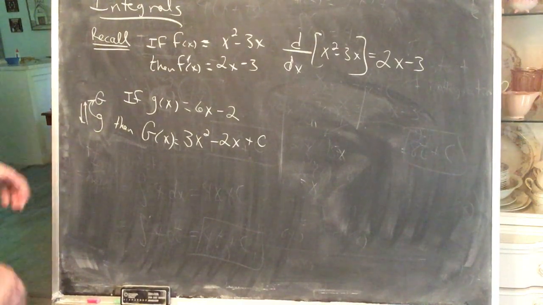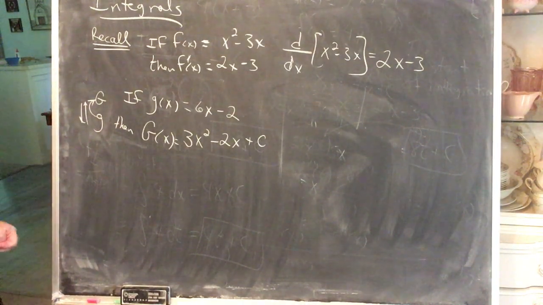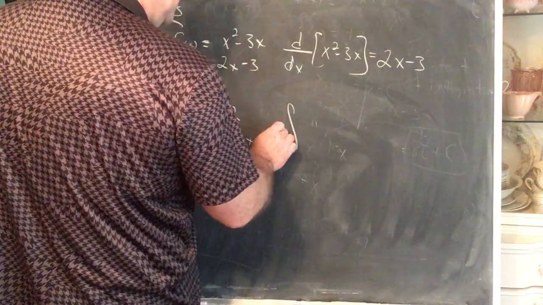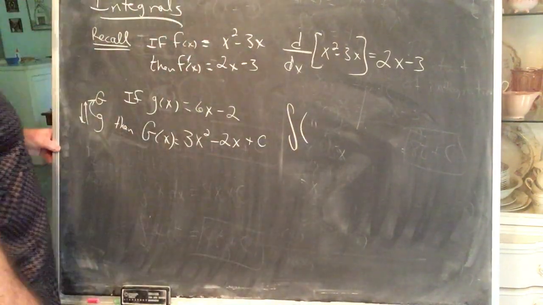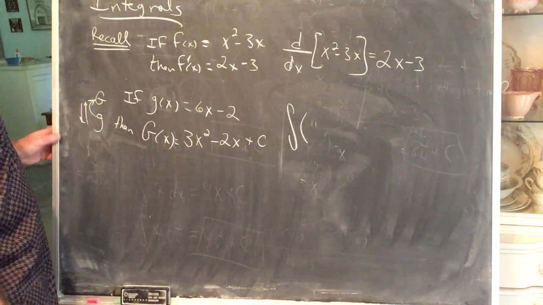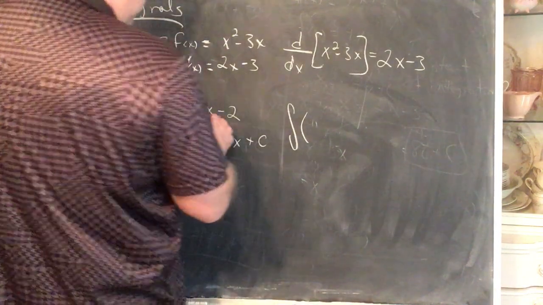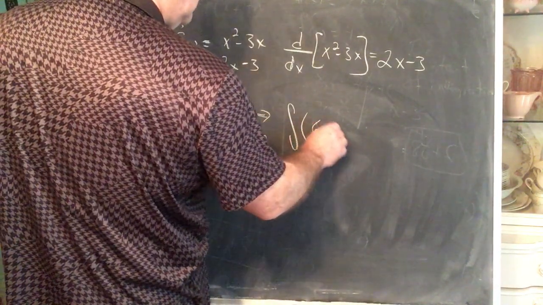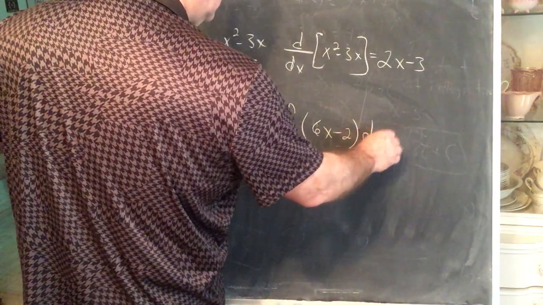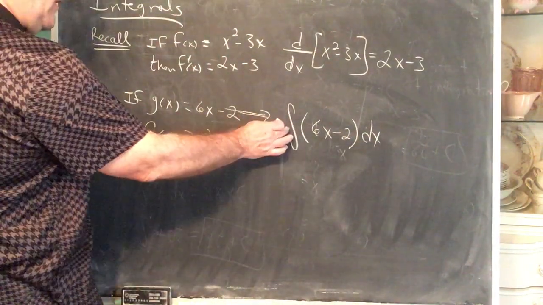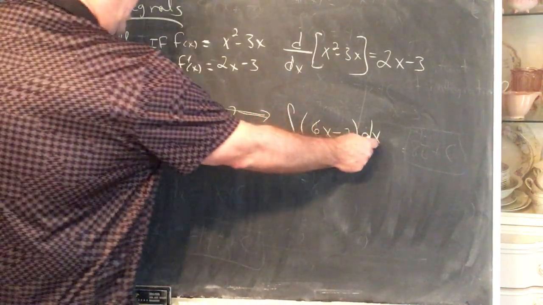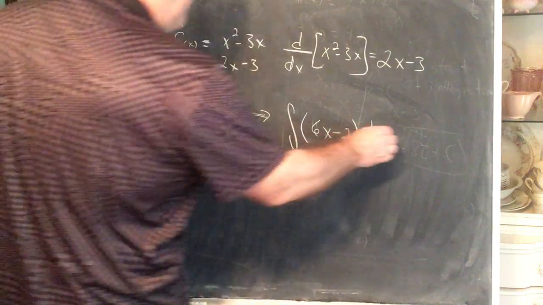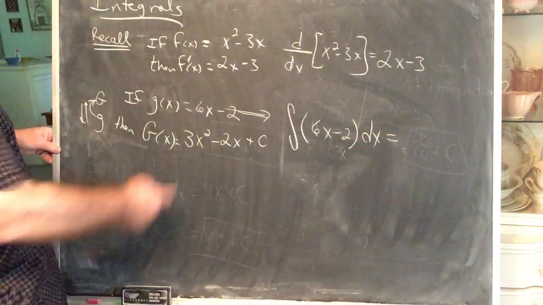But there's a more concise way to write this. We can write the integral symbol just like we had before. This needs to be grouped together. Either parenthesis or brackets is irrelevant, but grouped together. All right? We're doing integration. This is the function upon which we're going to operate, and this is the variable indicator. And now we do the same process.